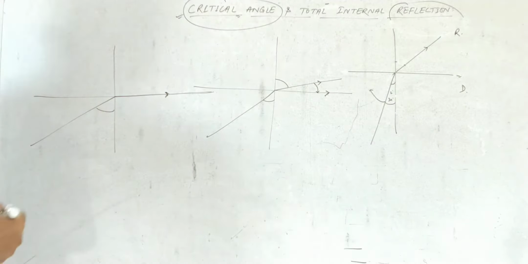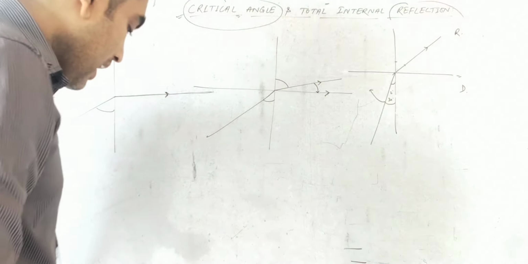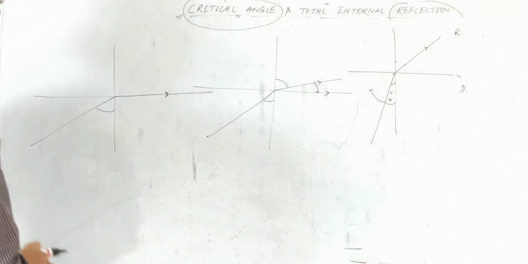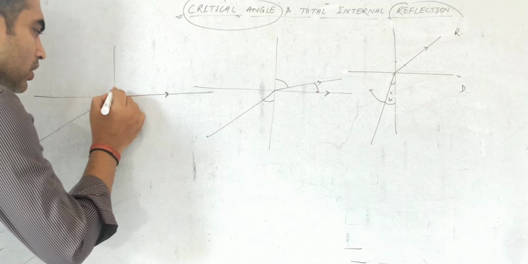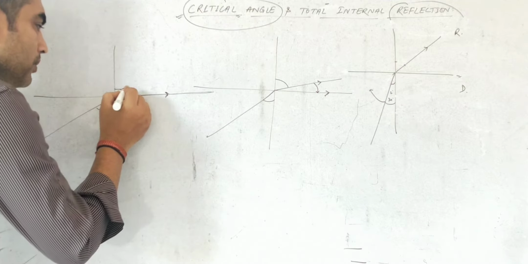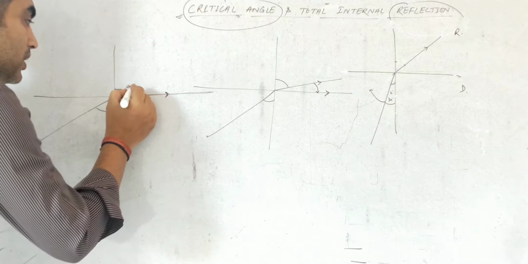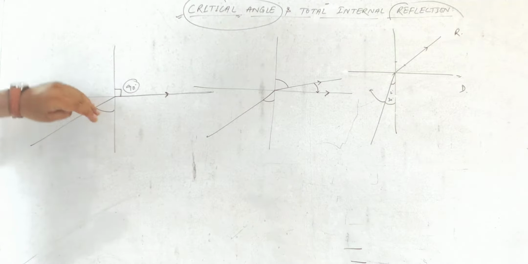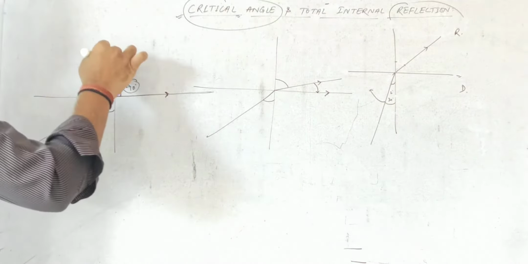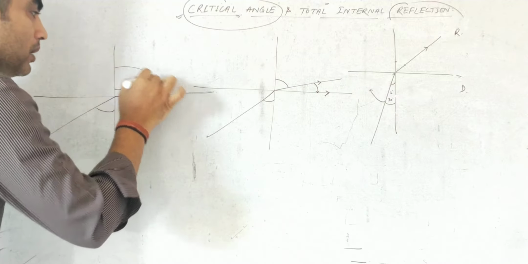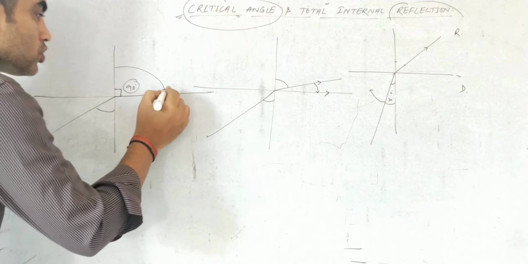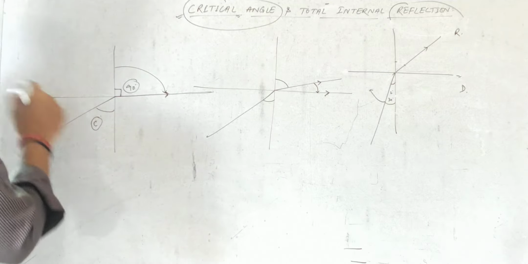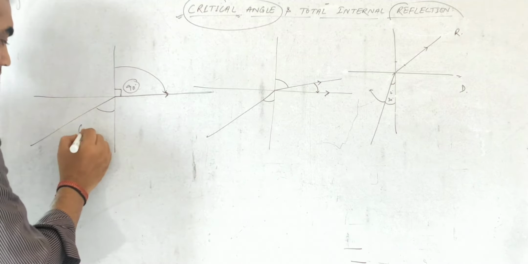When the refracted ray comes to this surface, the angle of refraction will be 90 degrees. That means there is a particular angle of incidence for which the angle of refraction will be 90 degrees. And that angle is said to be the critical angle.